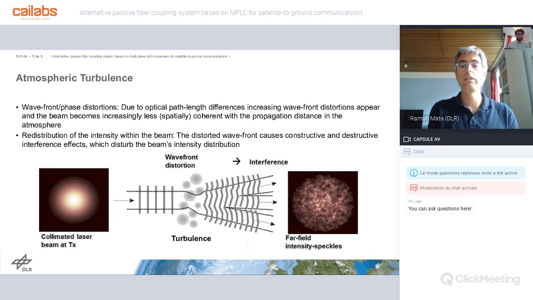That means at the receiver, depending on how it looks, we receive more or less light depending on the turbulence. The dynamics of that are on the millisecond scale. The atmosphere evolves with a kilohertz bandwidth, so every millisecond we can expect another distribution of intensity and phase.